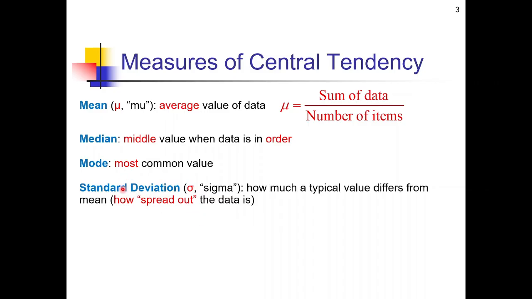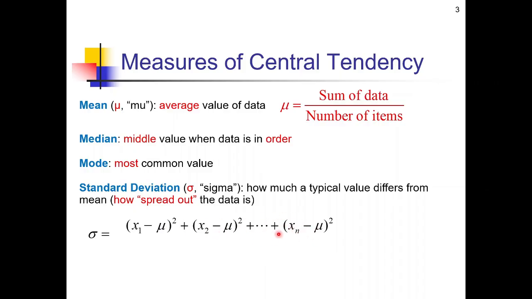But just to review how this is calculated, because it's good to know where this comes from, we basically take each of the data items and subtract the mean from each data item, and square that difference. So we do data item 1 minus the mean, square that. We do that for data item 2 minus the mean and square that. And we take all these squares of differences from the average and add them together.